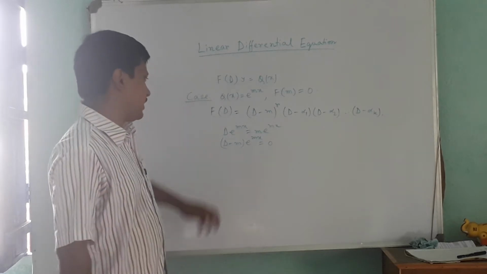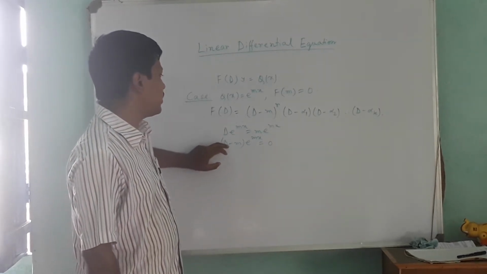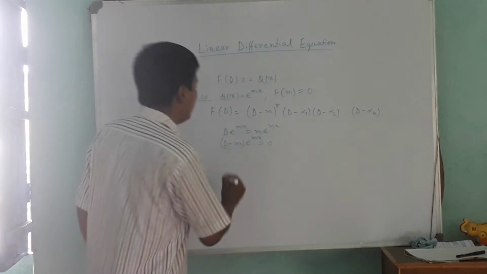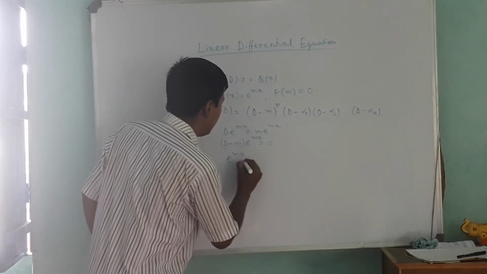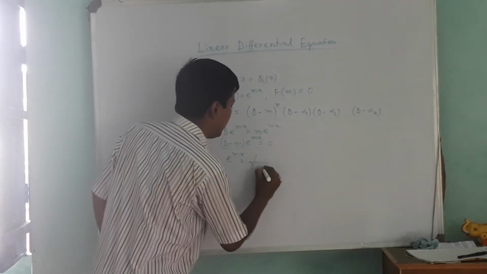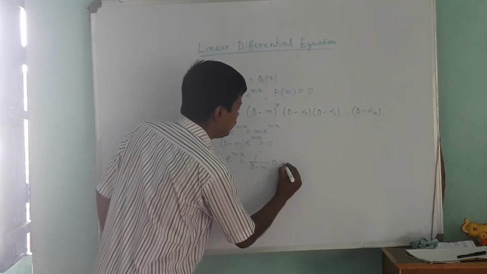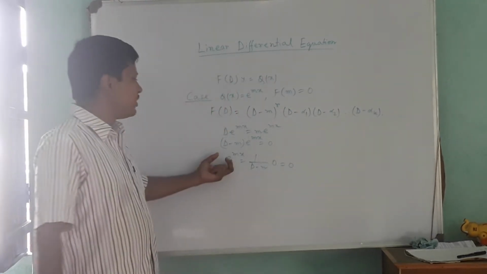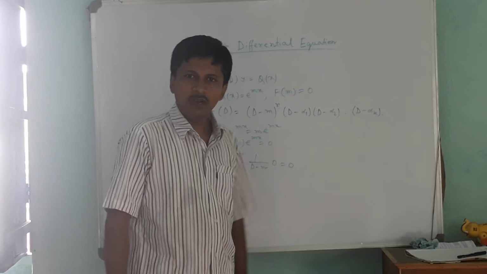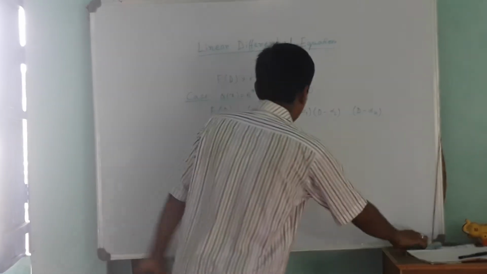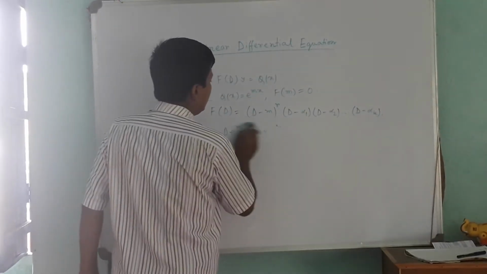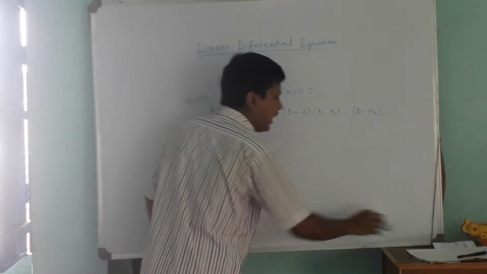If we take the inverse of this operator (D - m) from both sides, then we get e^(mx) is equal to the inverse of (D - m) on 0. So this is 0, so e^(mx) is equal to 0. It is impossible. So we cannot take it in this way, and we need to follow another technique.